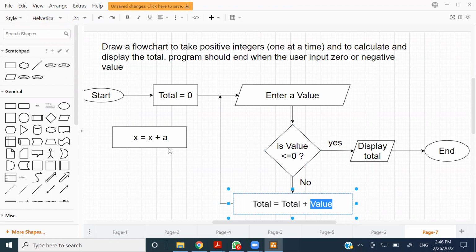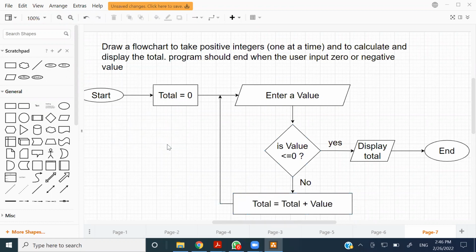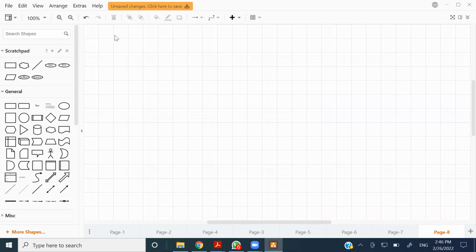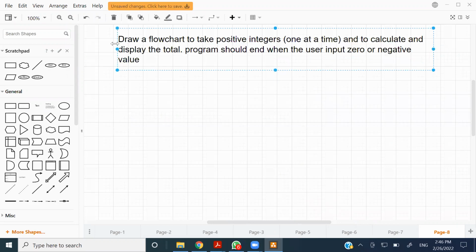Now the next question is this. I'm going to type the question. You better write the question in your book and try to draw the flow chart.